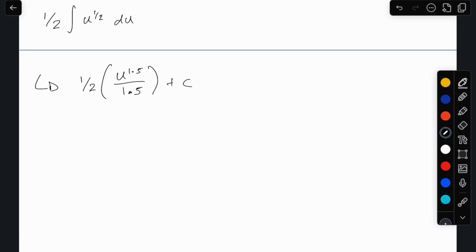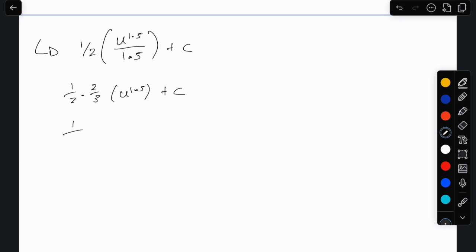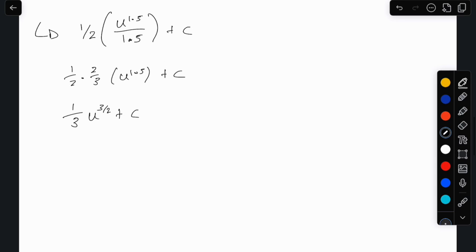And once you do that, we can take out the 1 over 1.5, so we'll have a half times 2 over 3 u to the 1.5 plus c. Okay, so we're going to have a third of u to the 3 over 2 plus c, which means that, remember what u was?